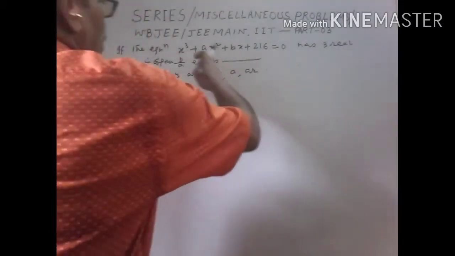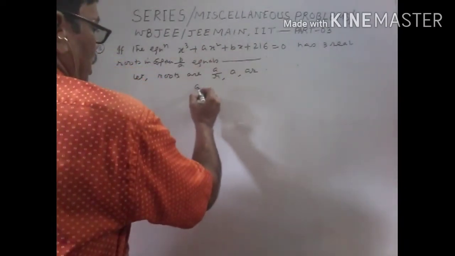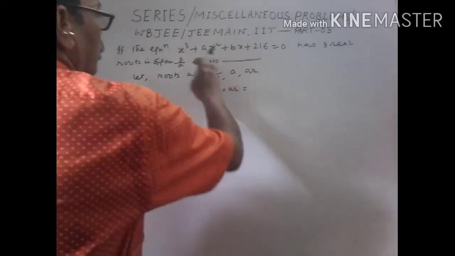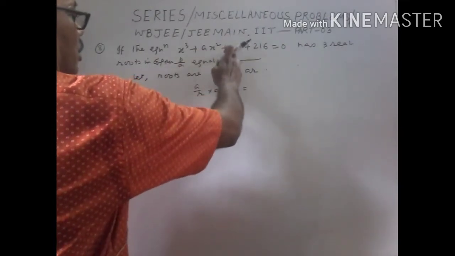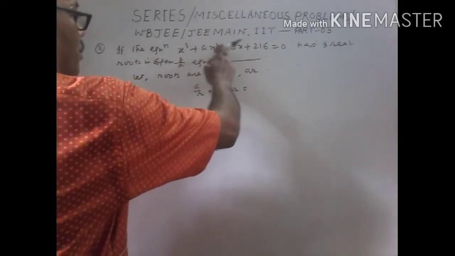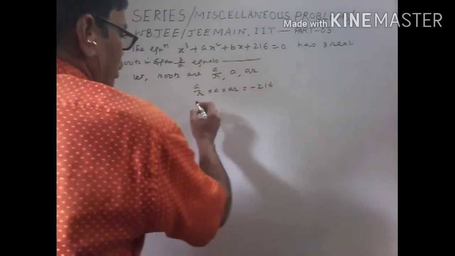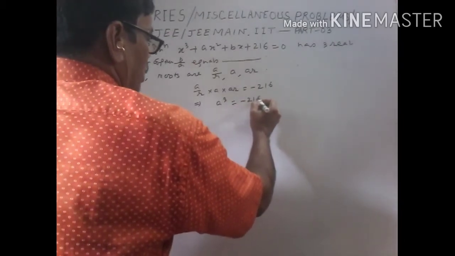Now what is the product of the roots? The product A by R, A, AR equals, sum of roots is minus A, sum of roots taking 2 at a time is B, and the product is minus 216. So A cube equals minus 216.